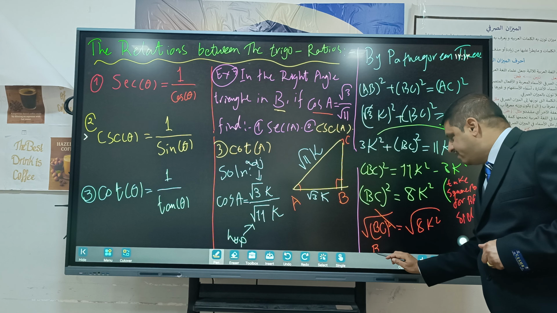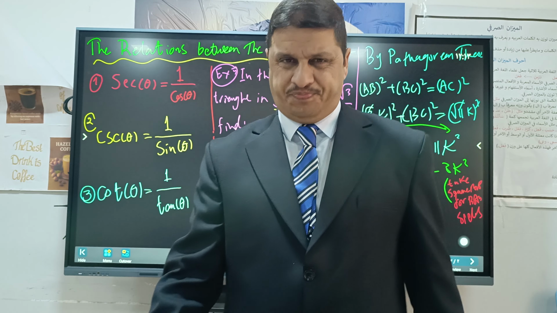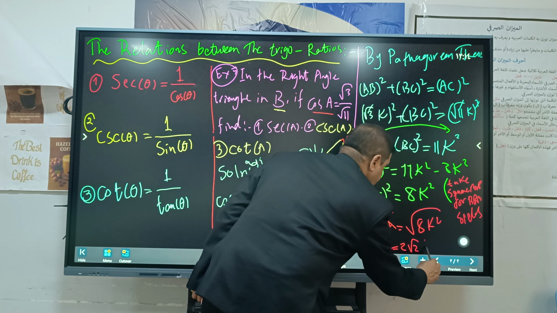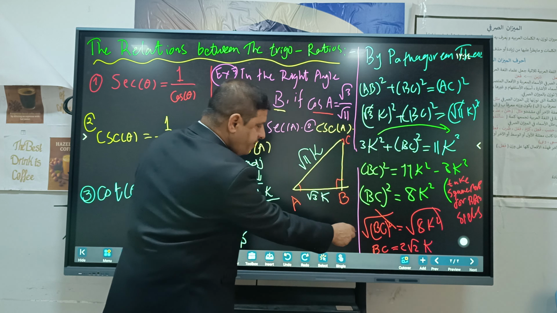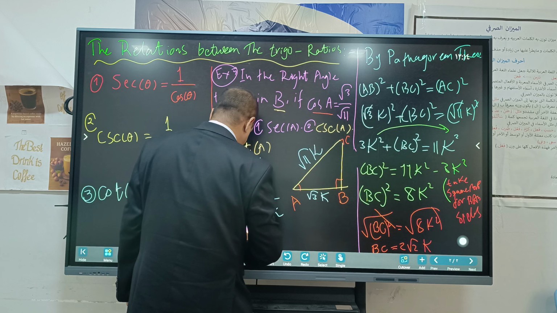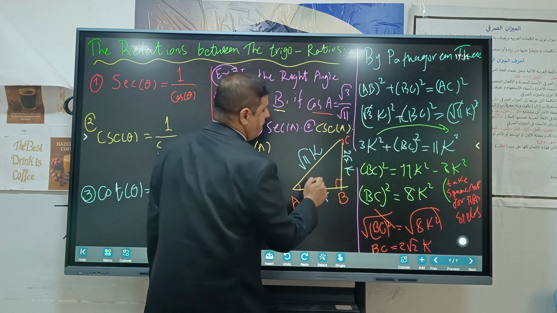I get BC equals the square root of 8. The square root of 8 is 2 square root of 2, and the k will go. Here is the length of BC. It is 2 square root of 2k.